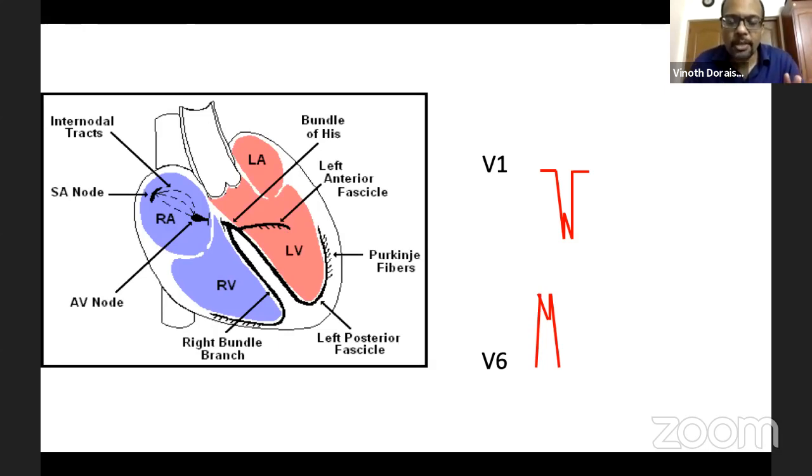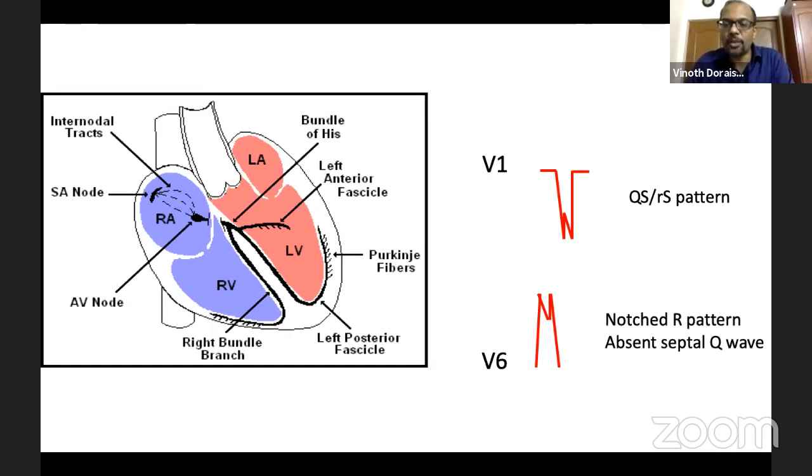So the entire QRS complex duration is prolonged. So you will get a deep QS wave in V1 and a very wide QRS complex with a notched R wave in V6. Okay. So this is the QS or the rS pattern in V1, and you have the notched R pattern in V6 with the absent septal Q wave. So this is the left bundle branch block.